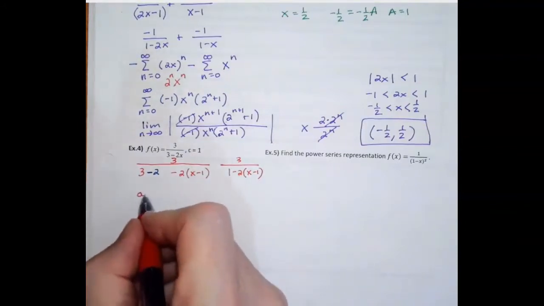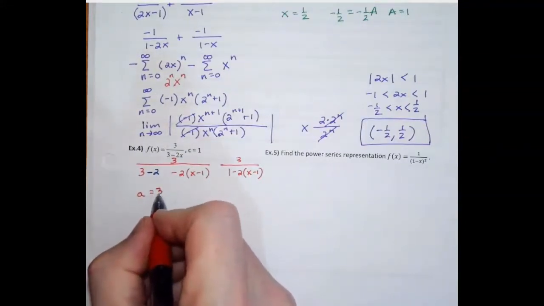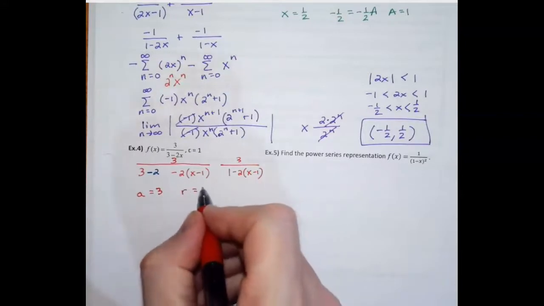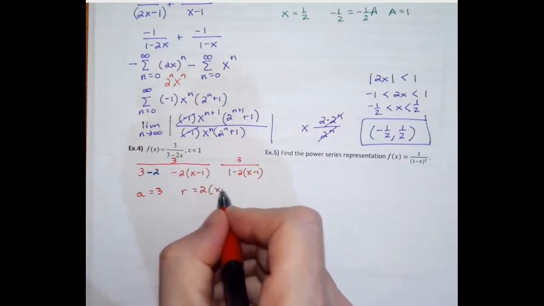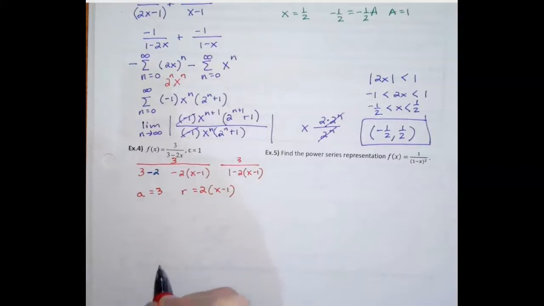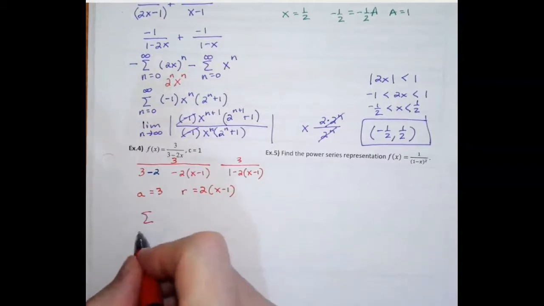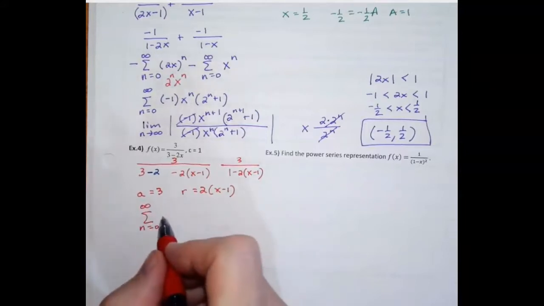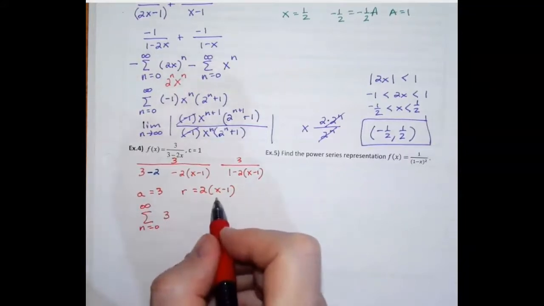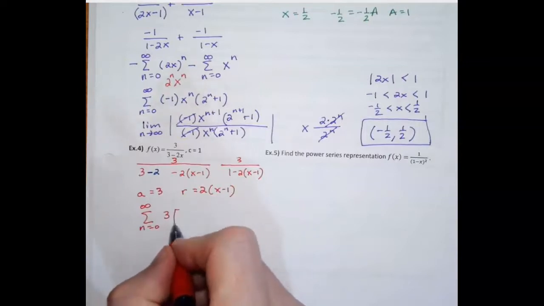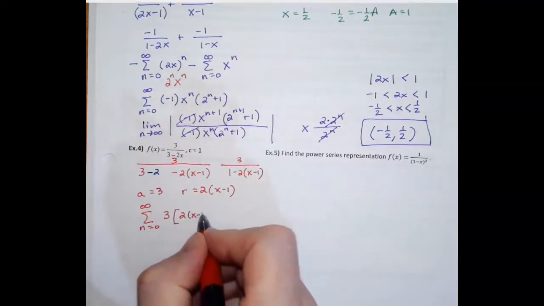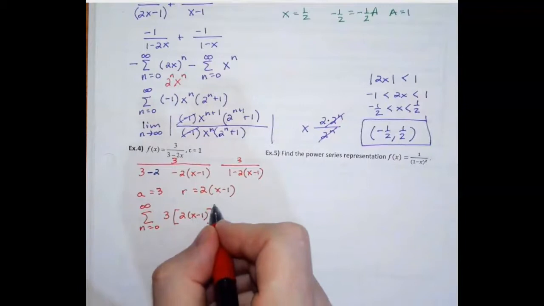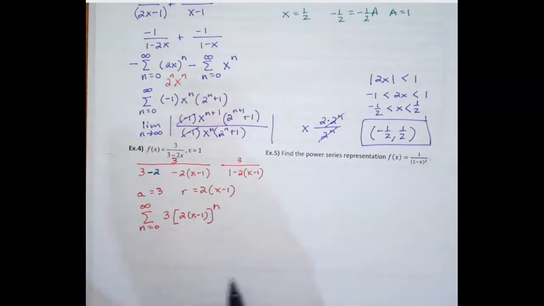So that tells us that a equals 3 and r equals 2 times x minus 1. So if we write the sum for that, it's a times r to the n. So that would be 2 times x minus 1 to the n power.